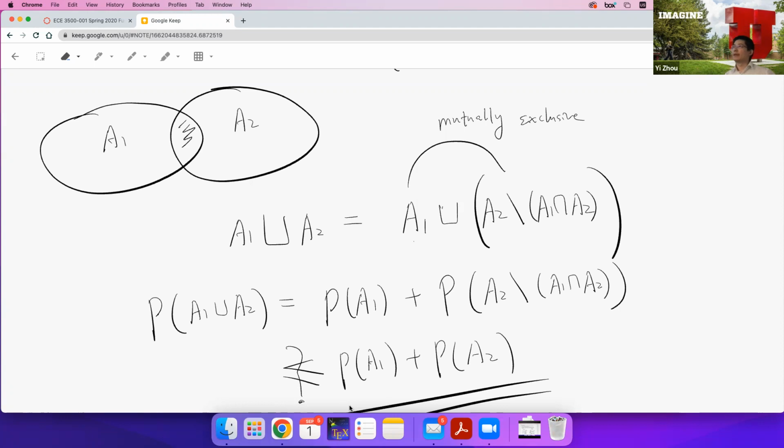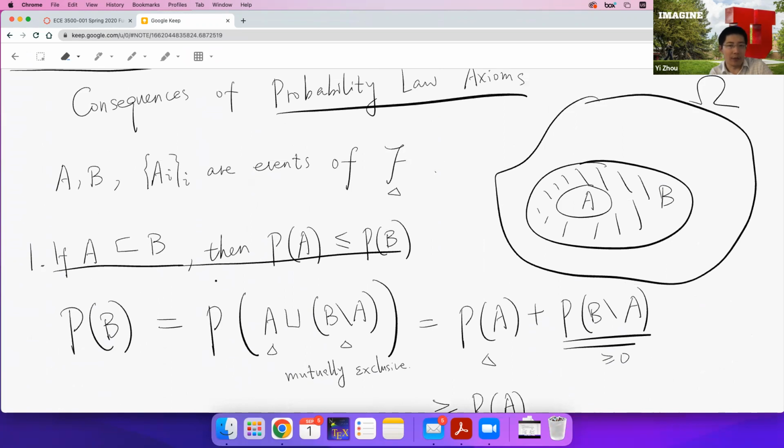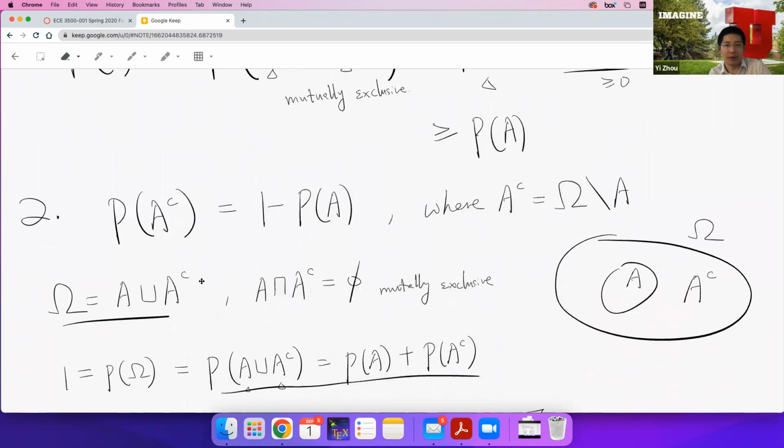As for the second part, it is A2 subtracting something, so this is a smaller event compared to A2. Then you can apply the previous property to finish the proof.